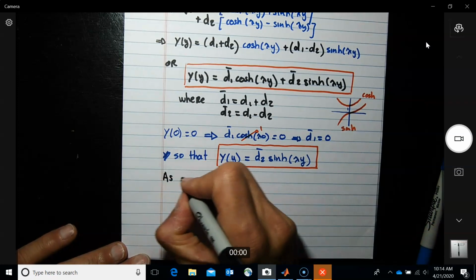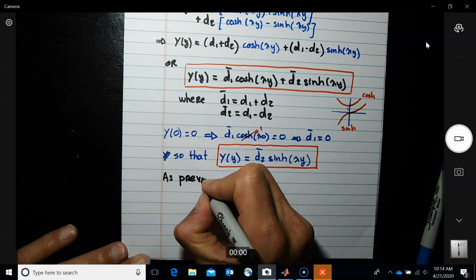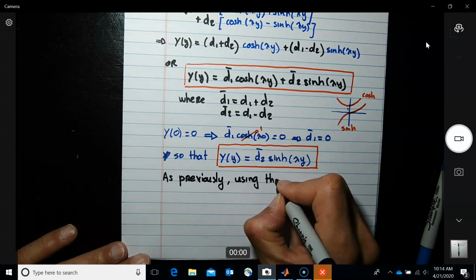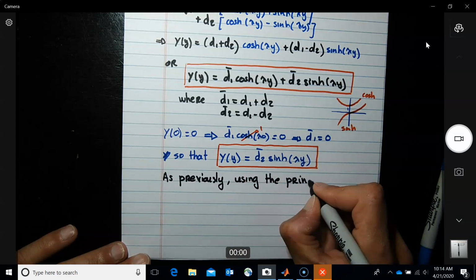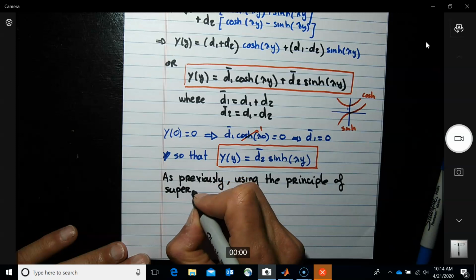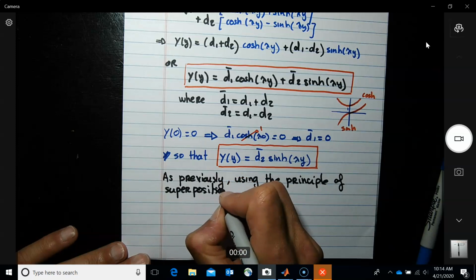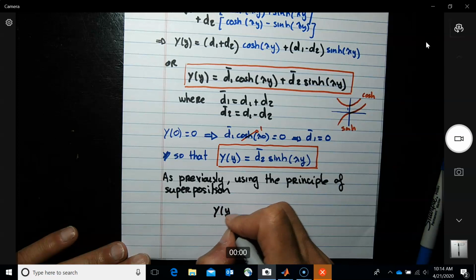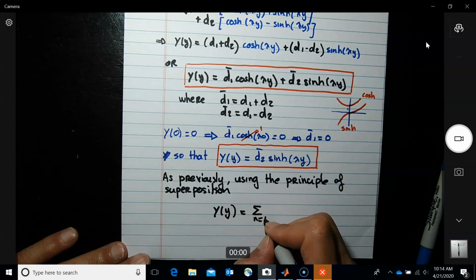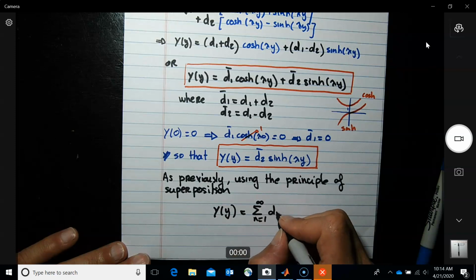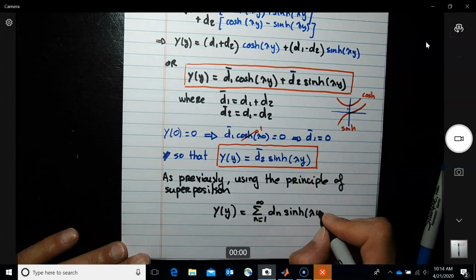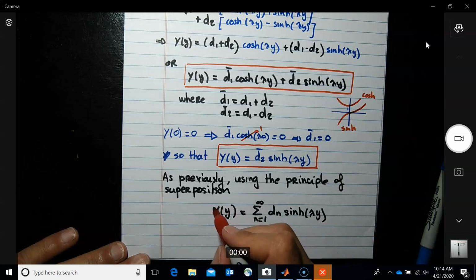As previously, using the principle of superposition, that means that if you can add other different solutions, here we can have the summation of n equal to 1 to infinity, let's say d sub n sinh lambda y, will be the solution.